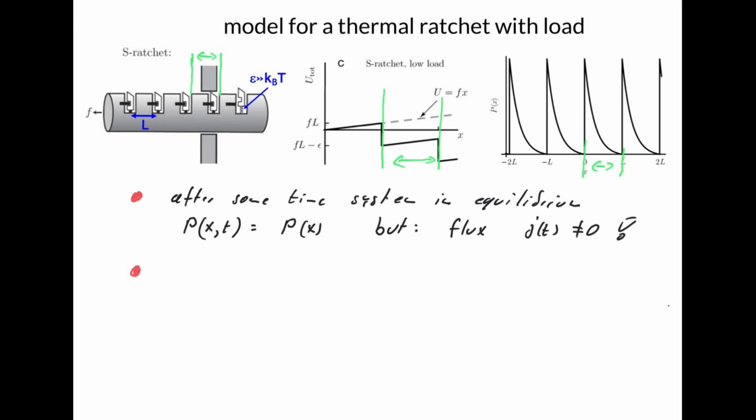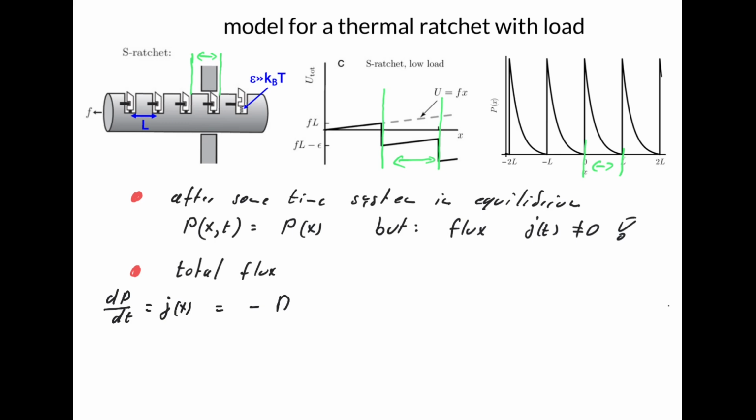Now what we could do is calculate the total flux in such a system. So the total flux would be the change of the probability with time. That gives me the flux J of x. And that in our model should be due to diffusion.